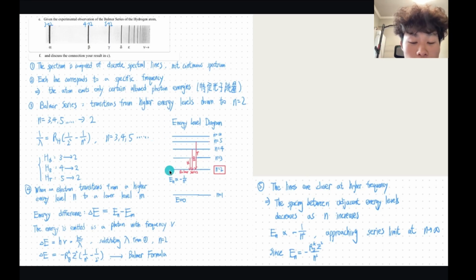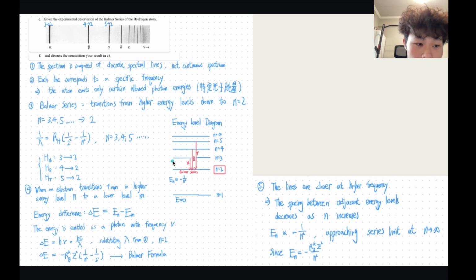It describes that when n equals 2, it's right here. And the red line is the photon. In the transition, it will emit photon energies.